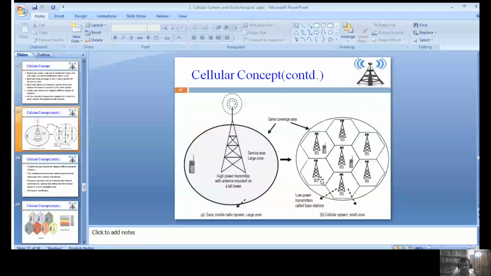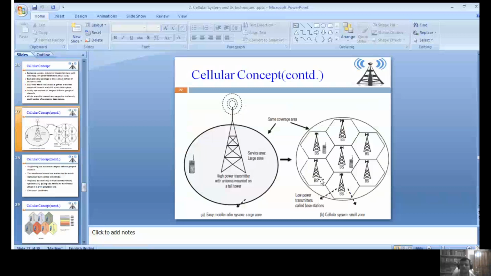So in this mobile communication, the service area can be less. But in the cellular concept, coverage is achieved by using low power transmitters instead of high power ones.